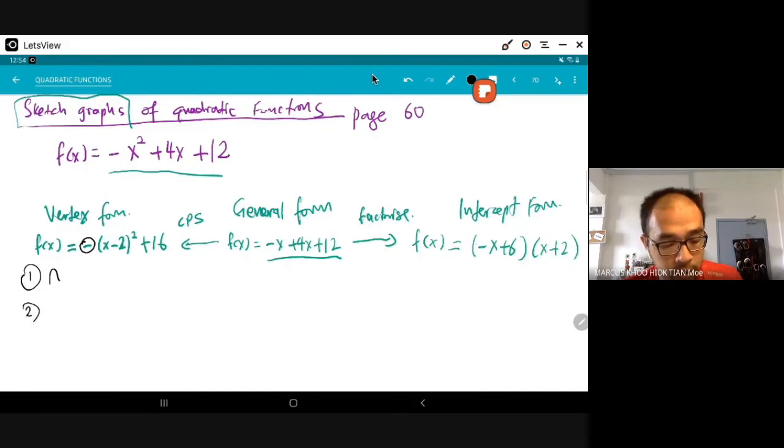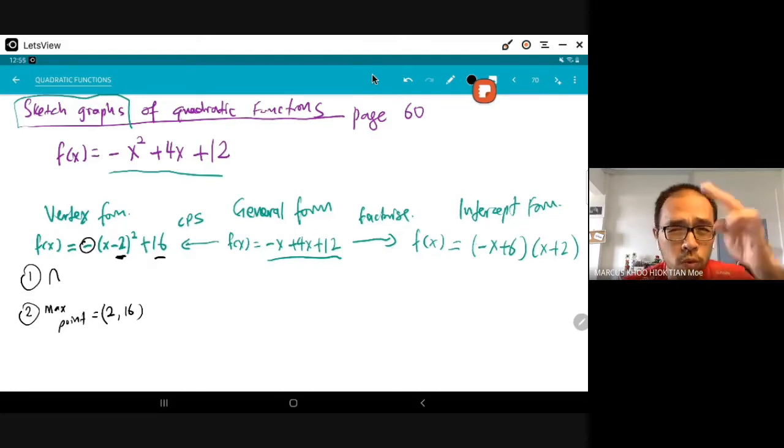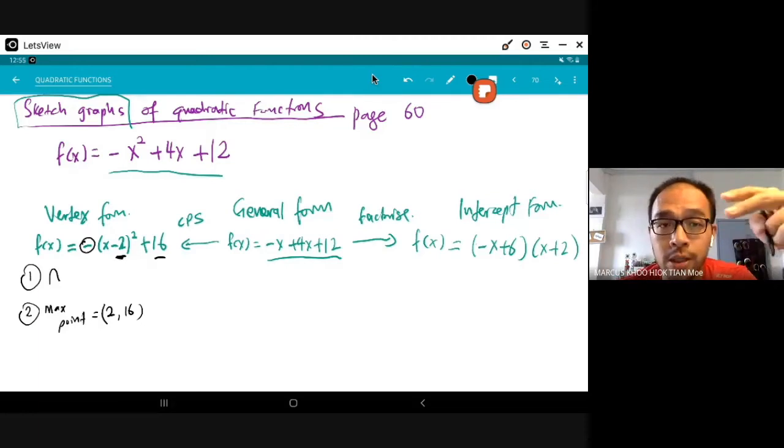Second information: what is my maximum point? My maximum point is (2, 16). We can just straight away take 2, because it is negative 2 inside the bracket, so we change it to positive. So two very important pieces of information come from the vertex form.